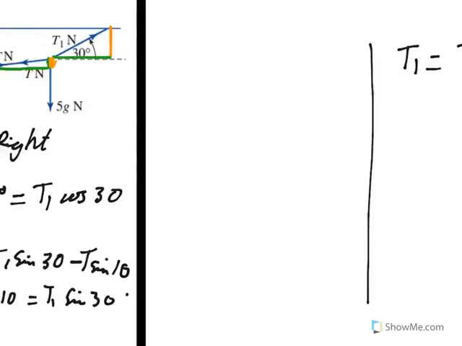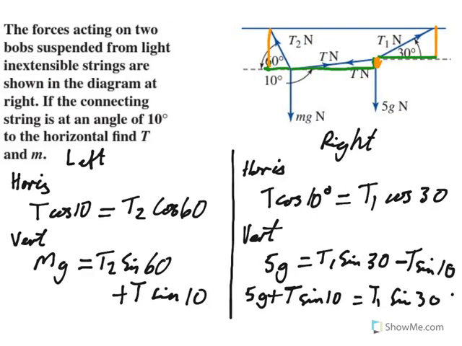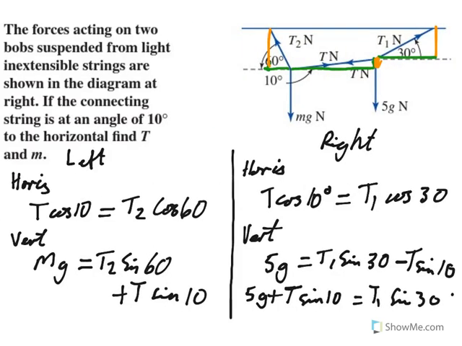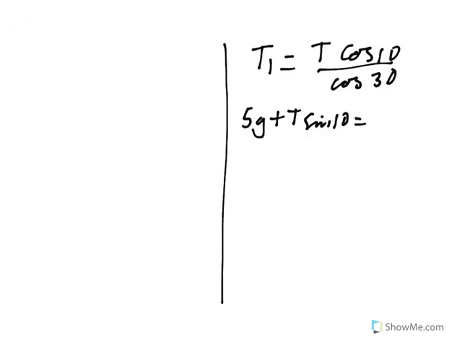Then you substitute that into 5G plus T sine 10 equals, oops, wrong way, T1 sine 30, which is T cos 10 over cos 30 multiplied by sine 30.